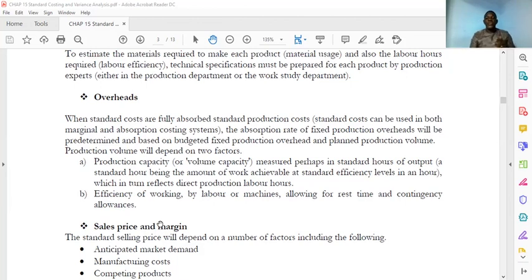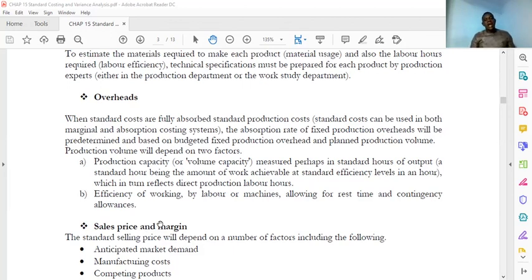Okay, good, because we know that even under our absorption costing, we look at our predetermined overhead absorption rates. Then based on the actual result, we multiply our overhead absorption rate by the actual hours or the actual production, by reference to the base of absorption.